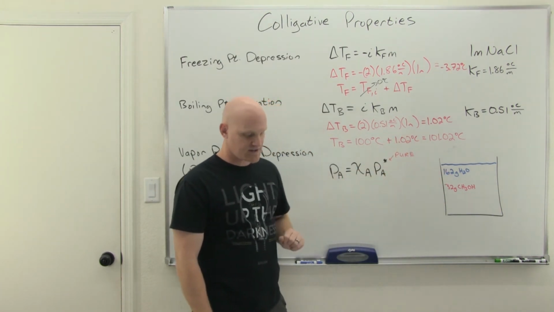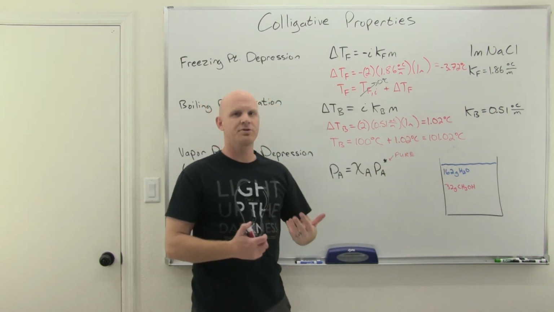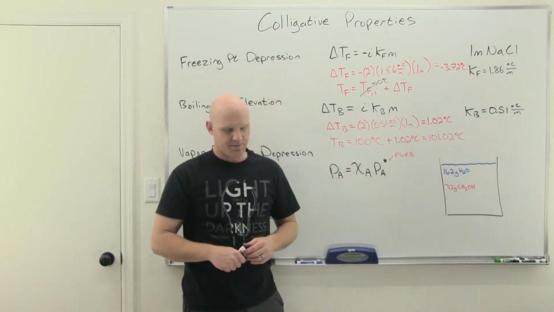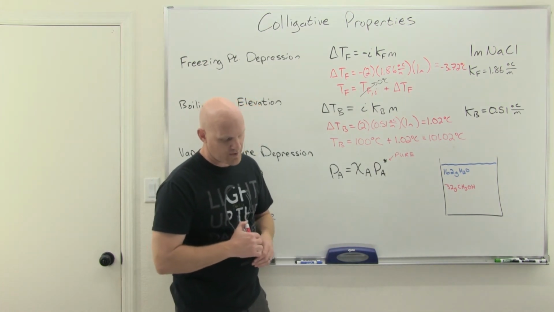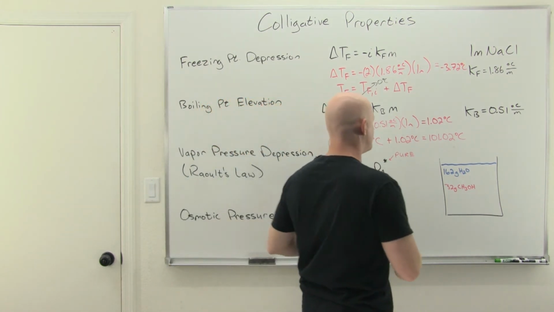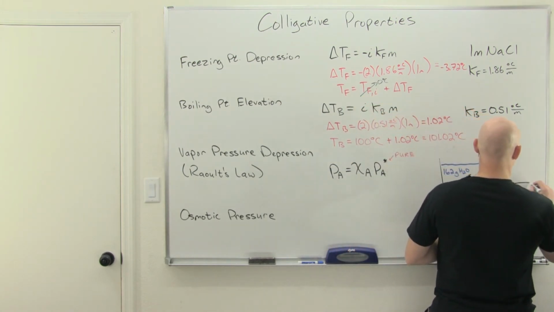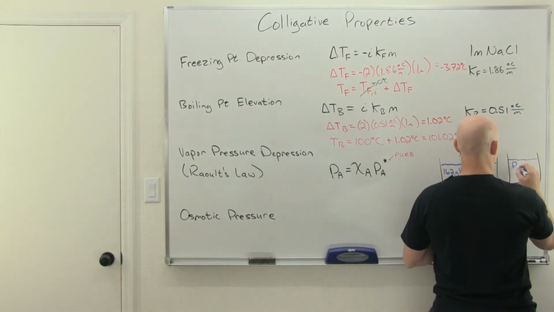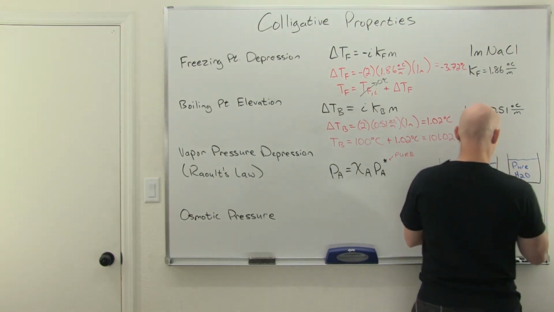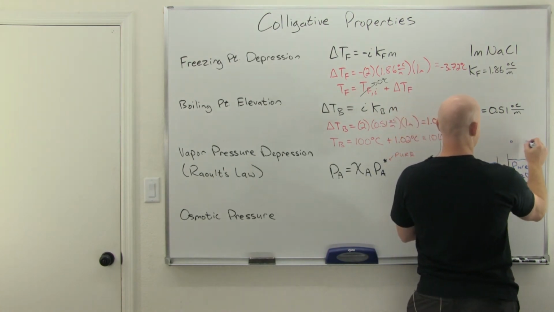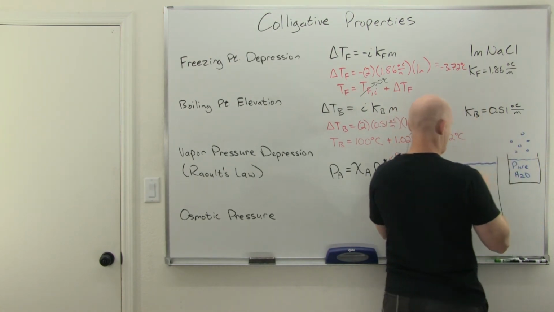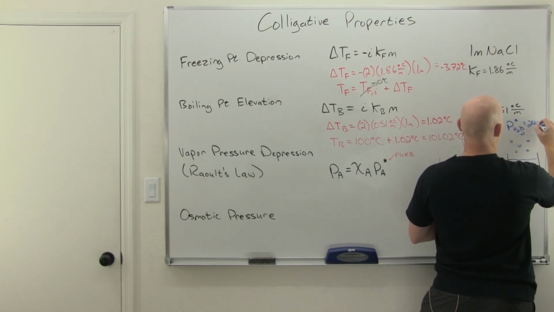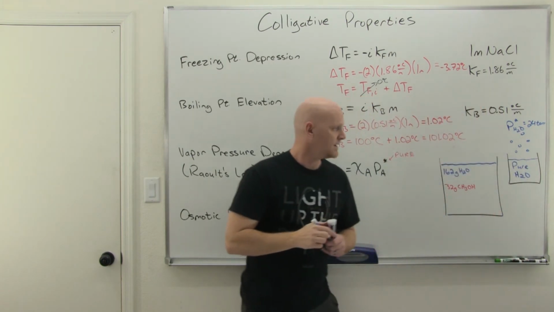But before we can even touch this, we have to know, well, what is the vapor pressure of pure water? And again, there's a table on your study guide. It gives you some constants for water, and it gives you the vapor pressure of water at 25 degrees Celsius of 24 torr. So if we had another beaker over here, and this beaker has pure water, it means that the pressure of water vapor up here would be 24 torr.